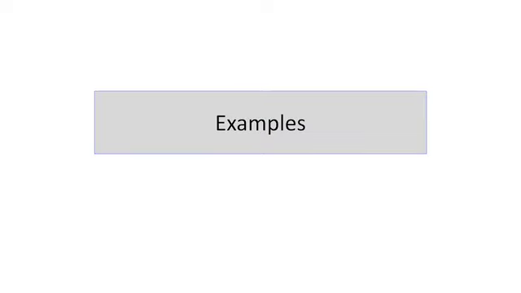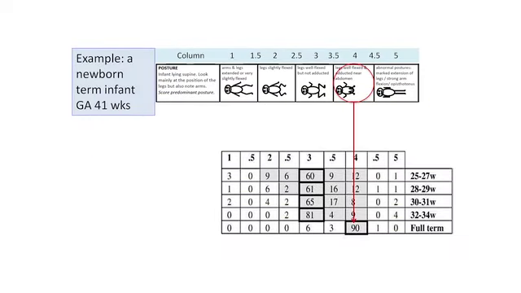Here are some examples. If a newborn full-term infant has a response in column 4 for this posture item, then you can see from the number in the equivalent grey box that 90% of term infants scored similarly. This response is optimal and scores 1.